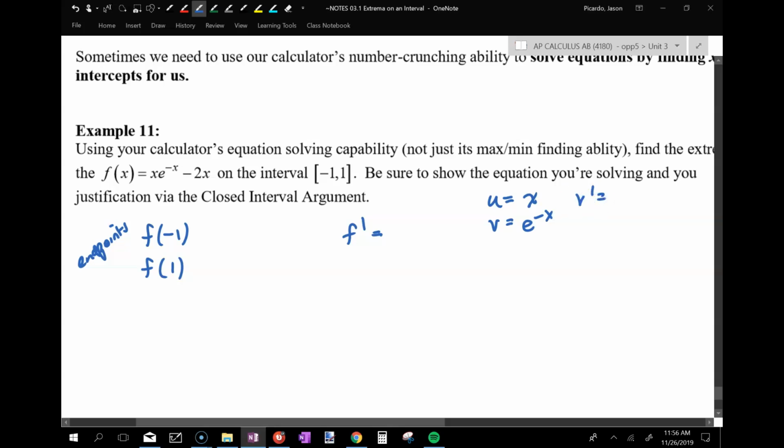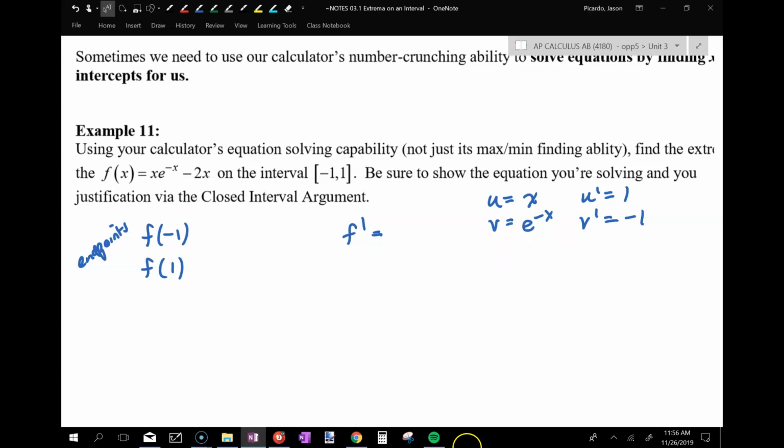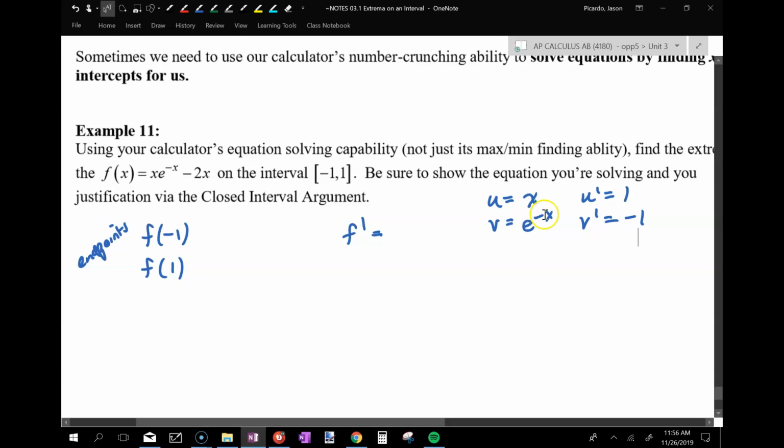Derivative of x is 1. Derivative of the other factor is a chain rule, isn't it? Because the exponent is differentiable. So what's the derivative of -x? -1. And what's the derivative of e to the x? E to the x, right? The derivative of e to the x is e to the x. In this case, e to the -x. That's my derivative.